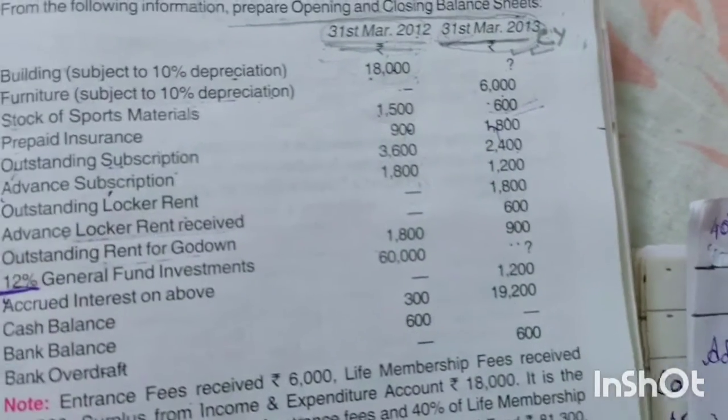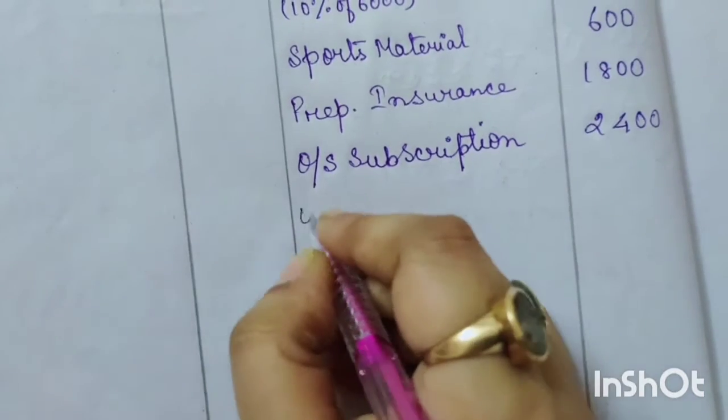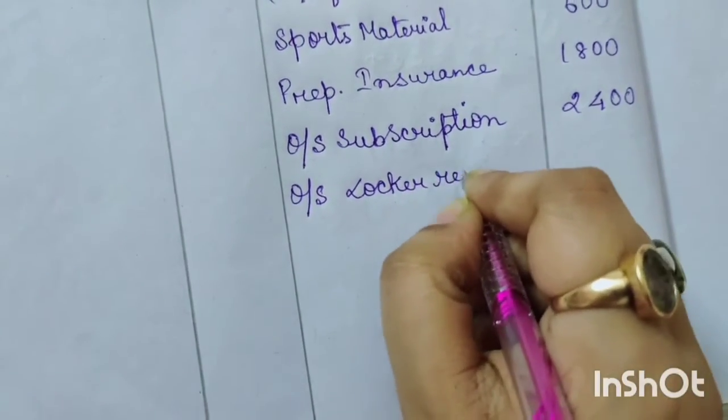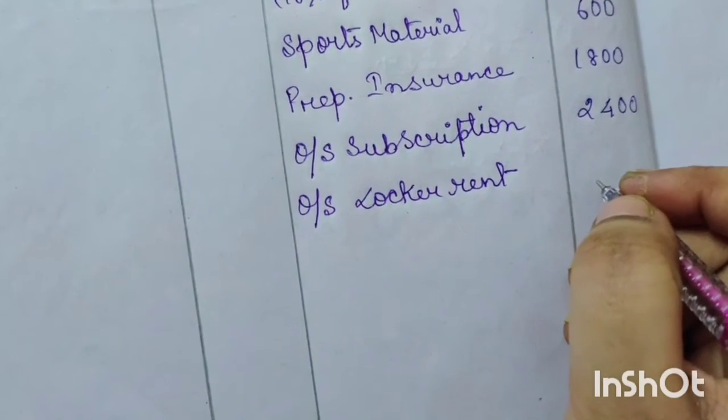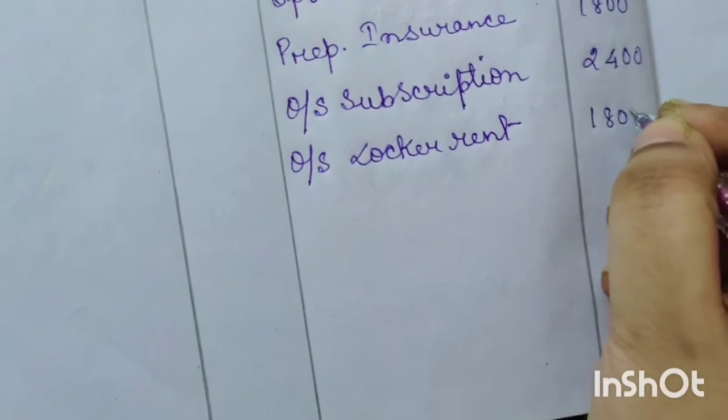So in the opening we won't record outstanding locker rent, we will record only in the closing balance sheet outstanding locker rent. Okay, so outstanding locker rent, the balance is 1,800.